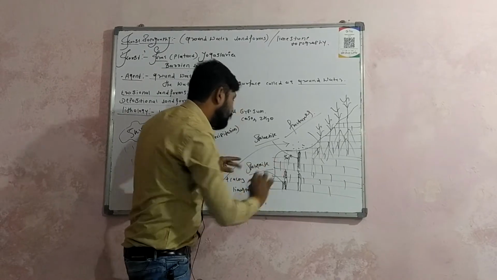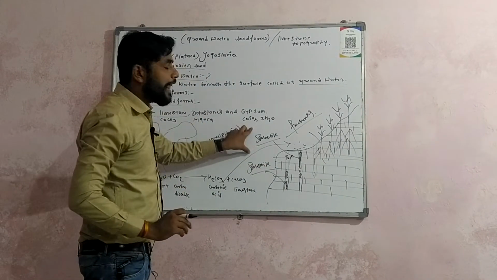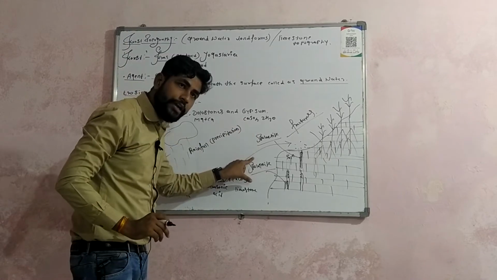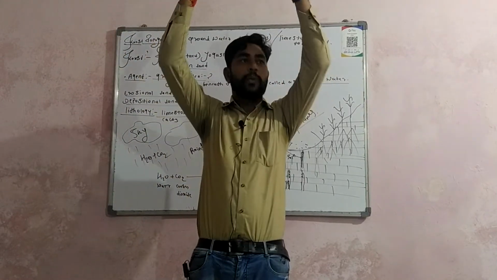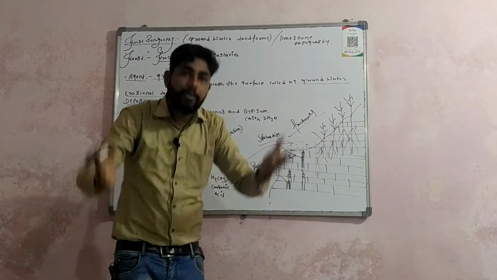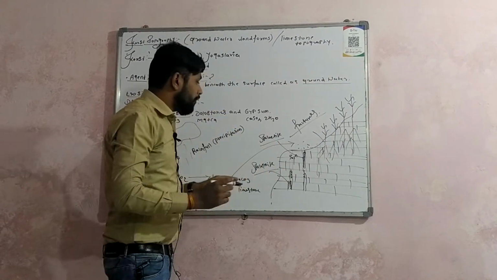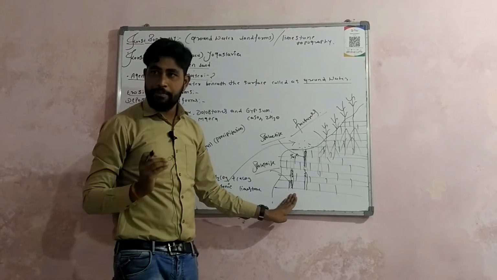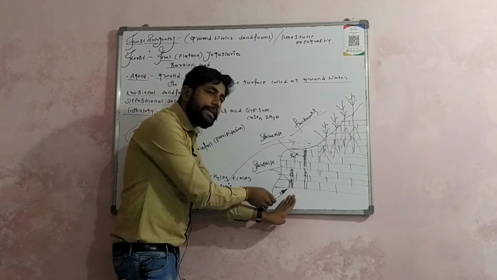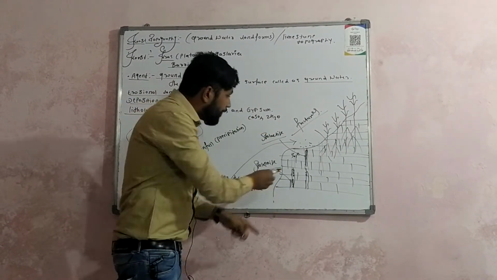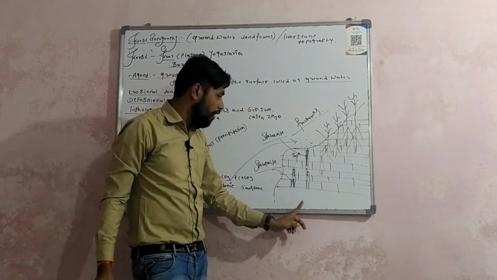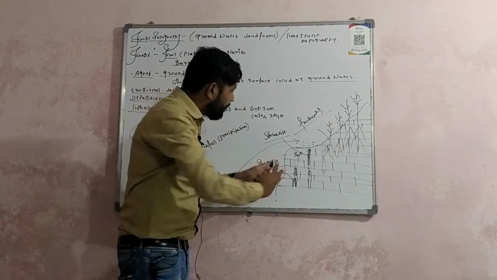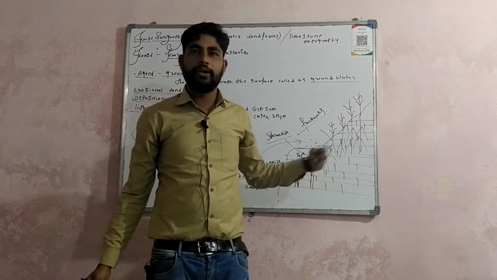So it's very simple: stalactite comes from the ceiling and stalagmite comes from the bottom floor. Stalagmite depends on stalactite, because those droppings are responsible for the formation of stalagmite. And in between there is a formation of different columns.